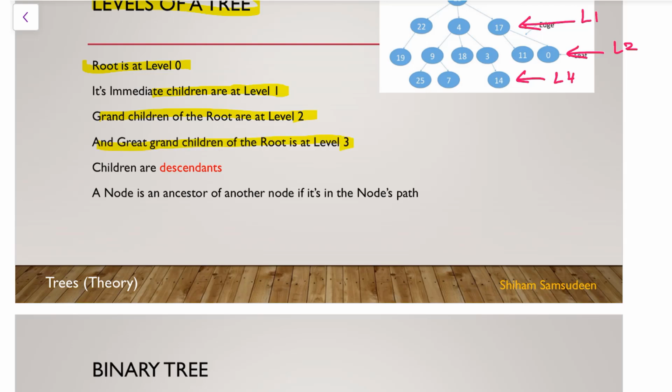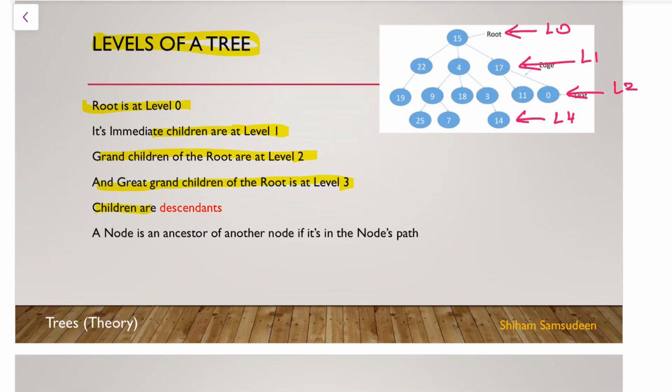Right? And children are also called descendants. Right? So that's a technical term. So 4 is a child of 15, and then we call this a descendant. Right? A node is an ancestor of another node if it's in the node's path. So that's another technical term here, ancestor.